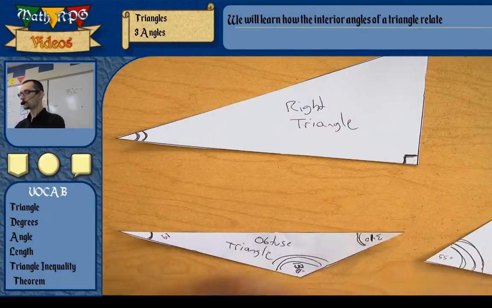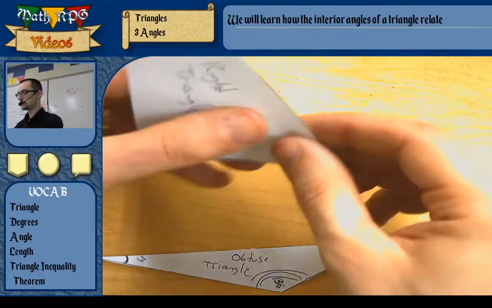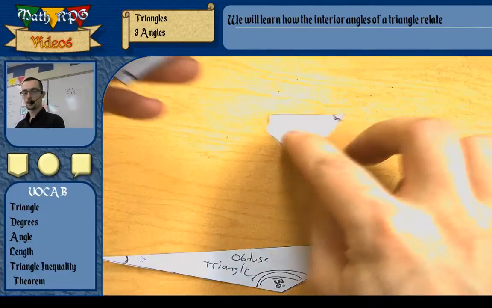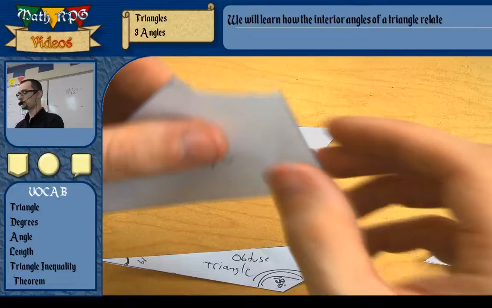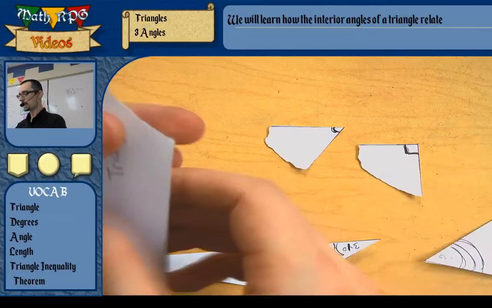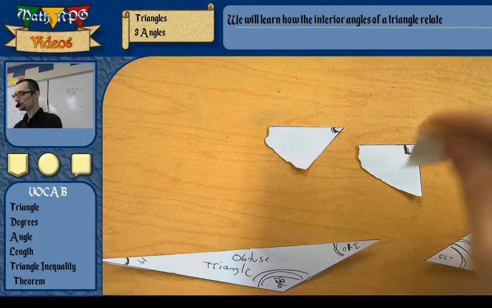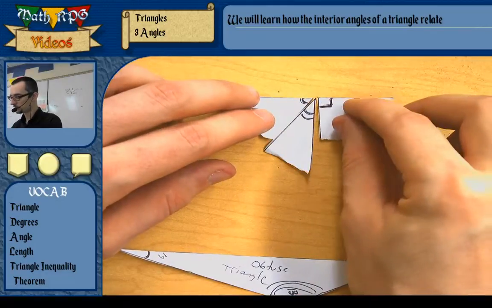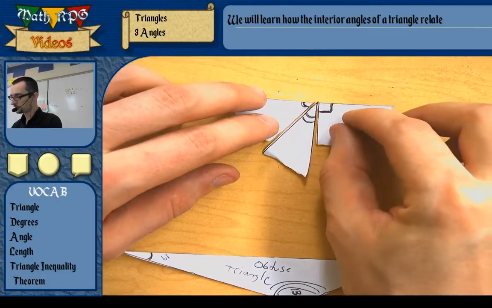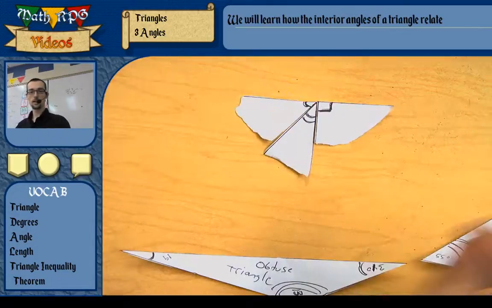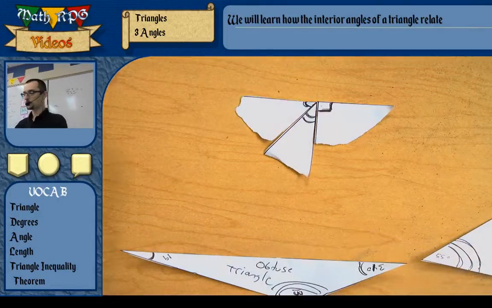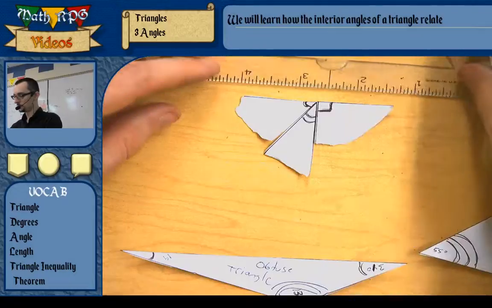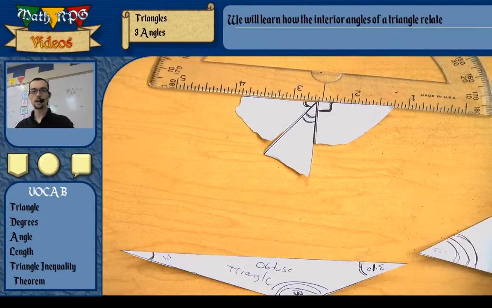What I'm going to do now is tear off my corners. All right, I'm going to tear off the corner of my right triangle, that corner, and this corner, remember the 90 degrees, and this last little corner. And when I put them together, something very interesting happens. Okay? They make a straight line. You see that? They match up exactly along a straight line.